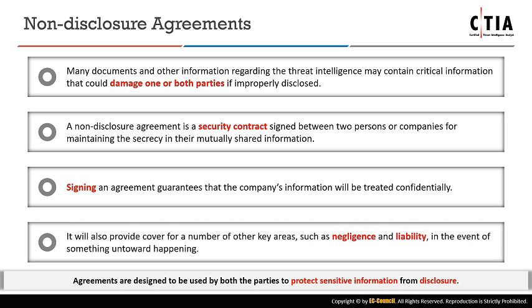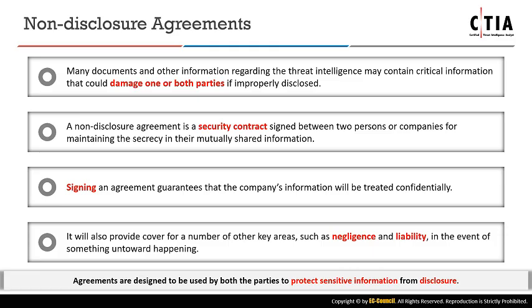So it's very important to make sure that your organization makes wise use of them. It's a security contract that's signed between those two people or those two companies for making sure that you maintain that security for that mutually shared information. A signing agreement guarantees that the company's information will be treated confidentially.